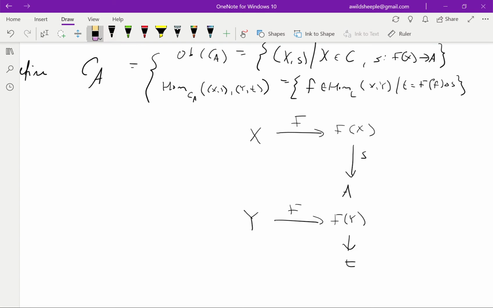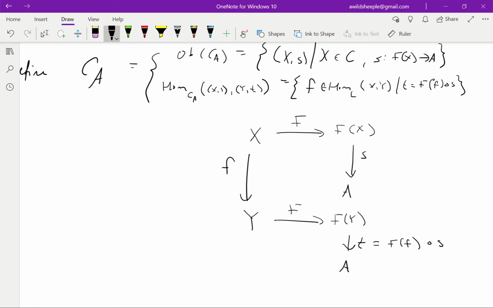This goes to A. The condition that t is equal to F of f composed with s, well, that's just saying here that I have an f, and I can look at F of f between these guys, and that's this. Sorry, t, this map, is F of f composed with s.